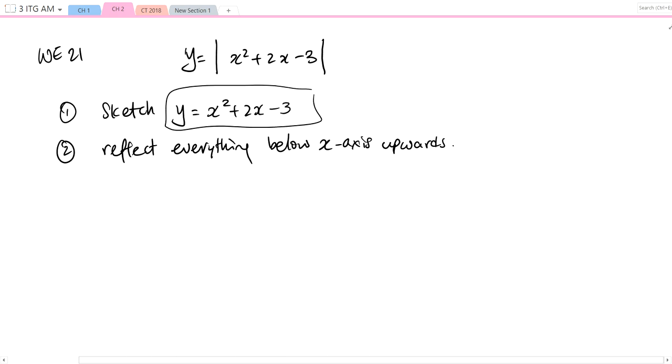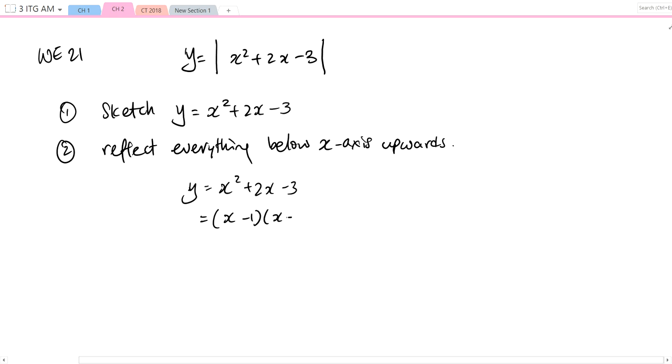It is convenient to sketch if we are able to factorize it. It is convenient to sketch if we are able to complete the square for it. So in this case, it seems like we are able to factorize it. So here we have y equals x squared plus 2x minus 3. Factorize it out and you will get x minus 1, x plus 3.